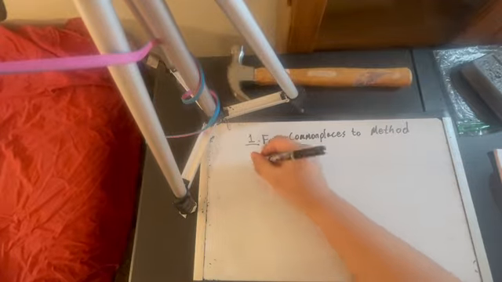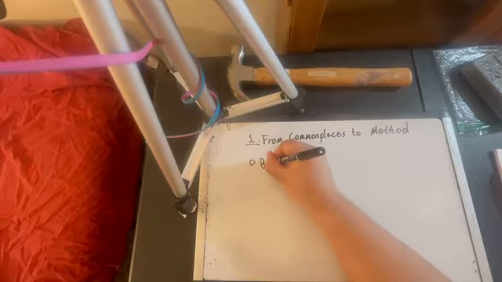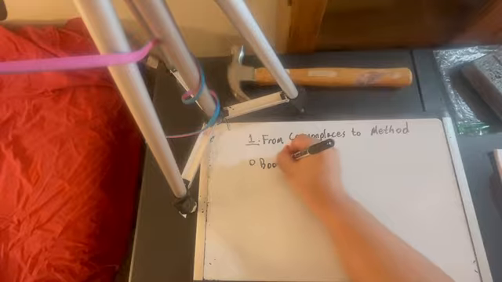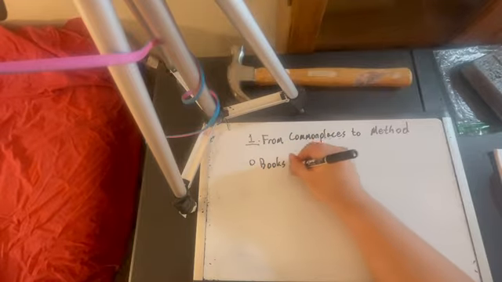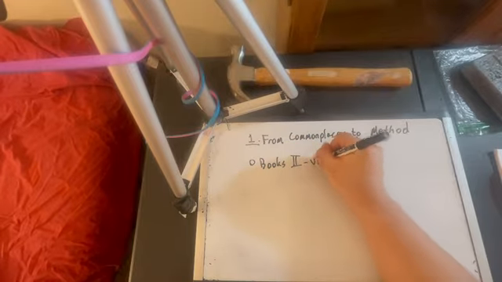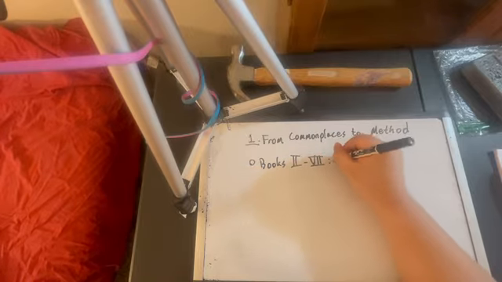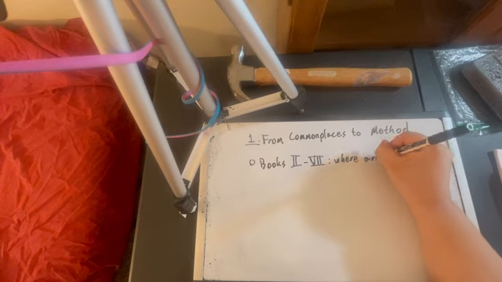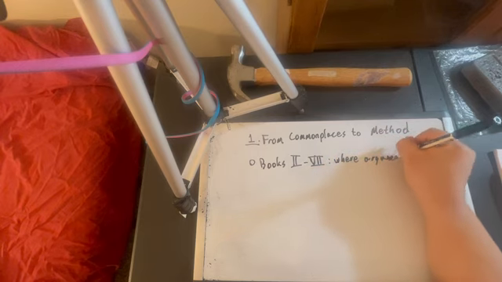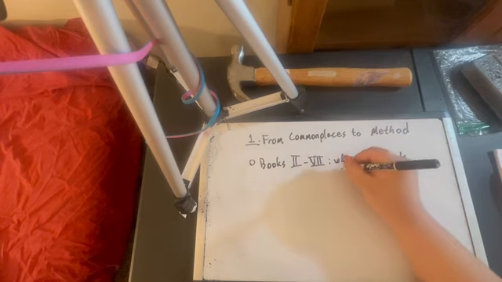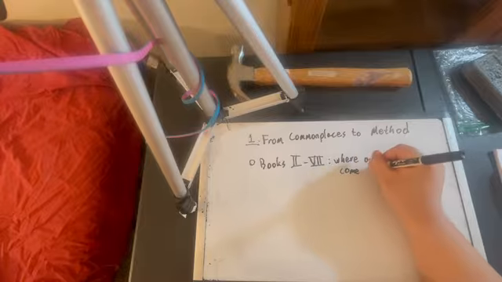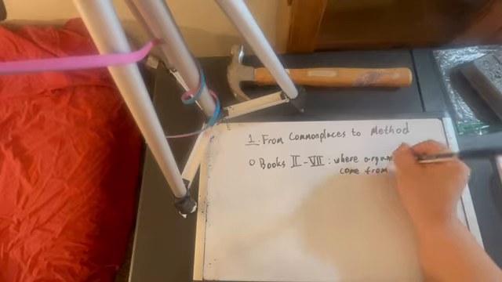So, let me just write this down. Books 2 through 7: where arguments come from mainly, though we did explore exactly how to argue from different positions.